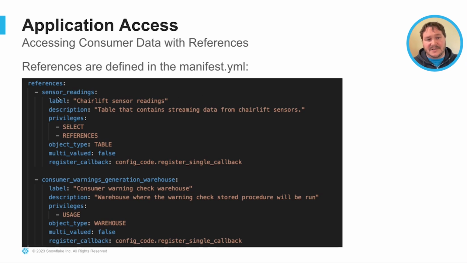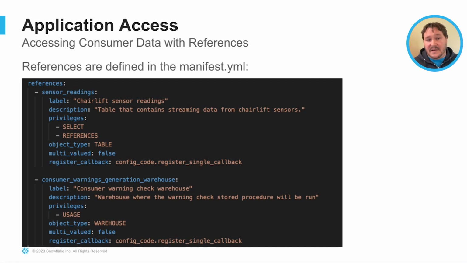The text here matters, and we'll talk about that in just a minute. We have a list of privileges that this reference needs. We have an object type, it's a table, and we have a callback function that we have defined, and we're going to talk about how that works in just a second as well. And just to show you a different example, we also have a second reference here, which is the warehouse type. In this case, this is the warehouse that the application will use to run that background task that I was talking about.